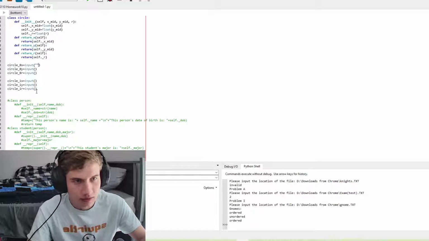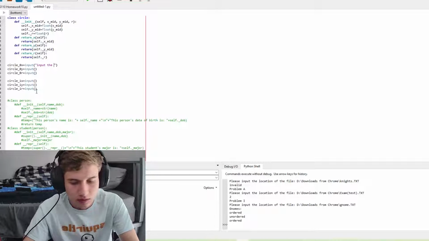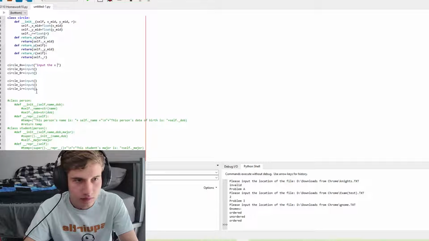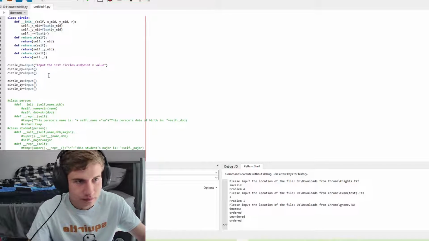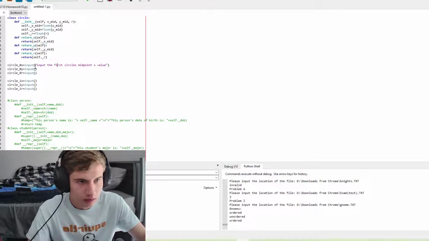First circle's midpoint X value. And I can just copy this.